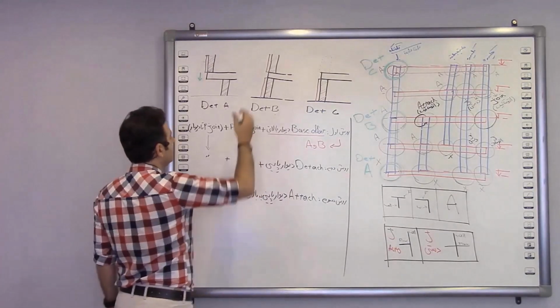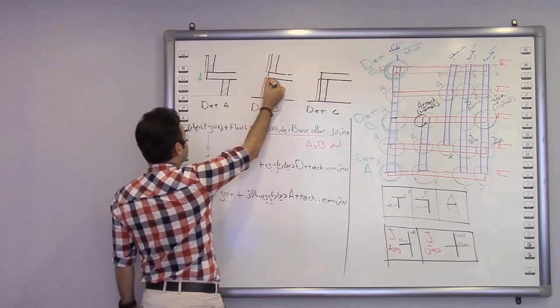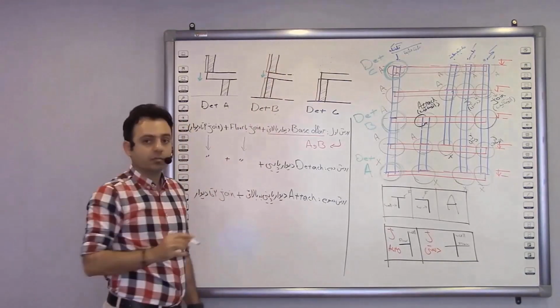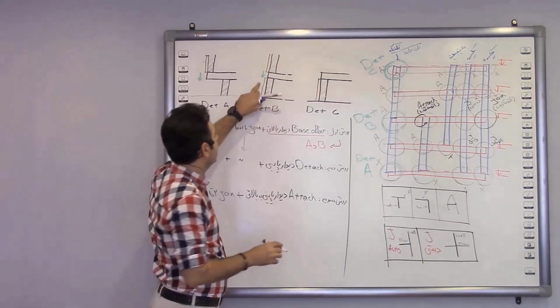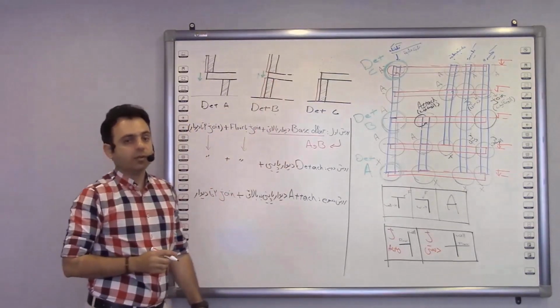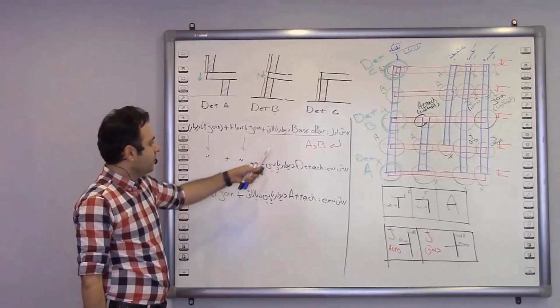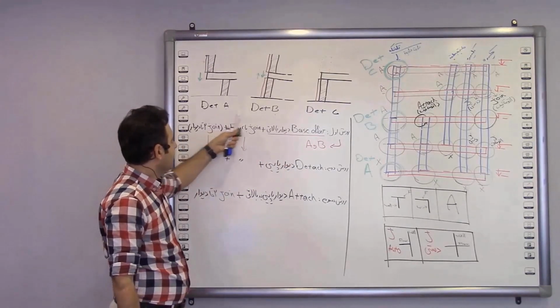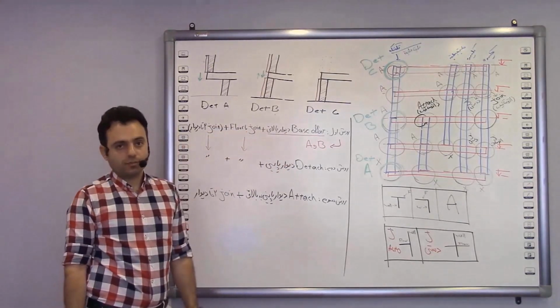What about D? Well, here it has a space too, so we can bring down that wall in the top. And another way is to bring up the wall in the bottom that we will see together later. So bringing down the top wall can be useful in detail A and detail B.